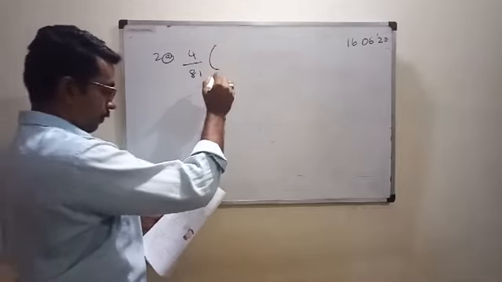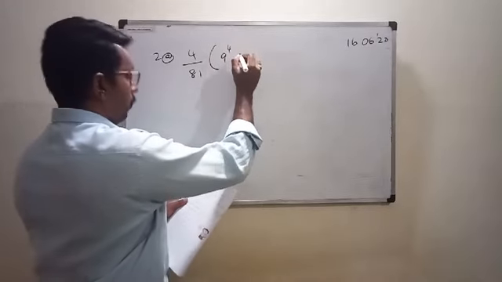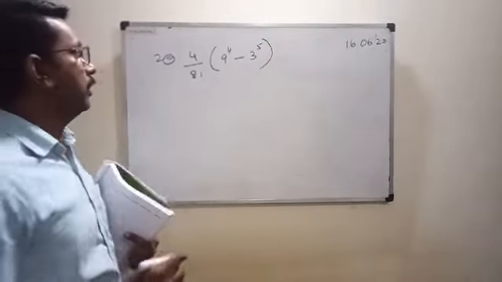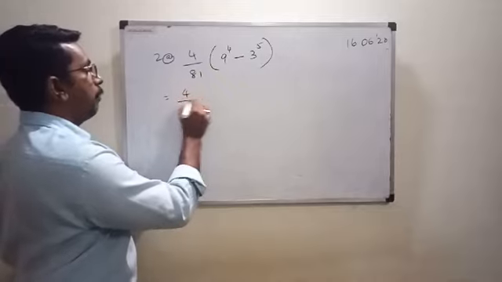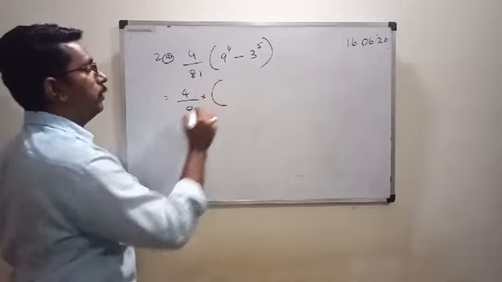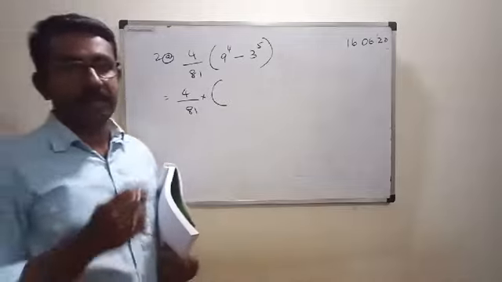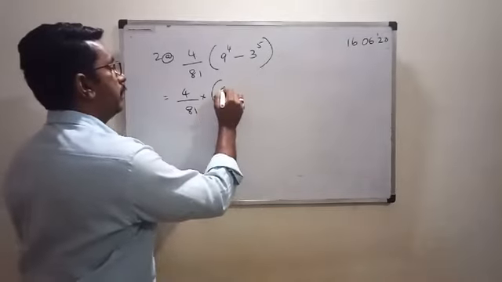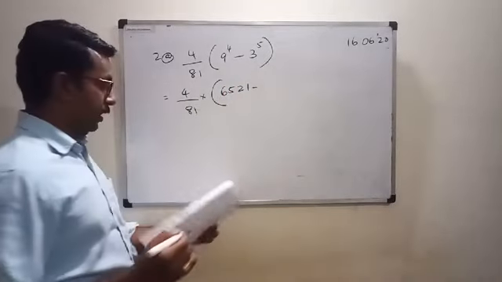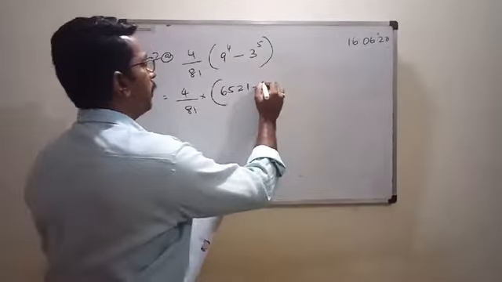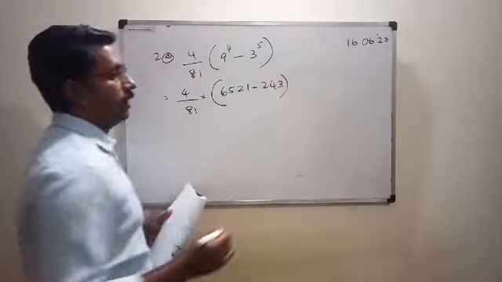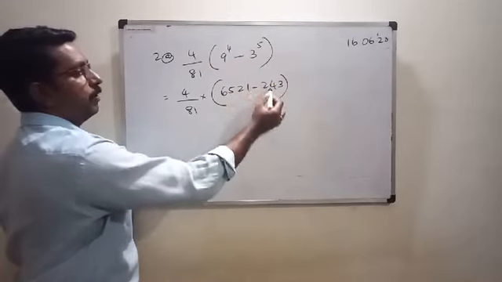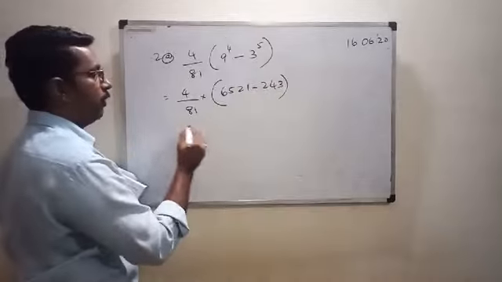4/81 into 9 to the power 4 minus 3 to the power 5. Look at this one. 9 to the power 4 means 9 we multiply 4 times: 9 into 9 into 9 into 9, which is 6561. 3 to the power 5 is 243.